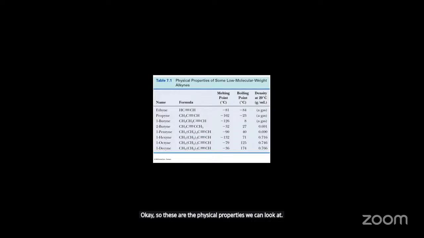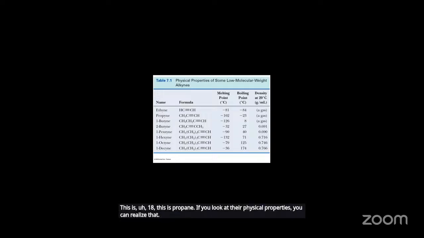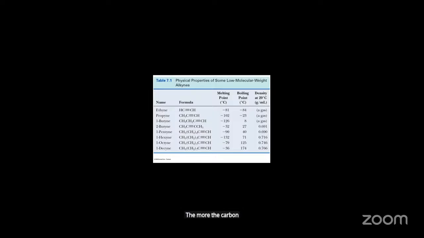This is ethyne, this is propyne. And if you look at their physical properties, you can realize that the more the carbon chain increases, the lower the melting point. But when you come to boiling point, the more the carbon chain increases, the higher the boiling point, right?